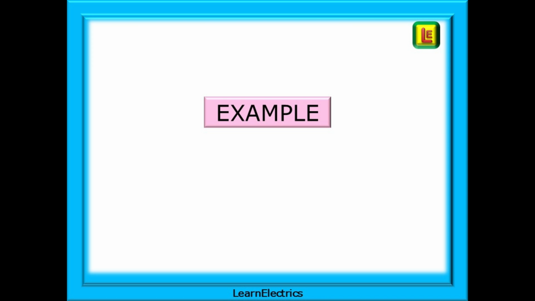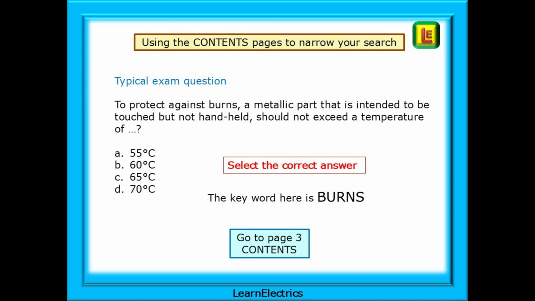Follow along. This is a typical exam question. The question asks, to protect against burns, a metallic part that is intended to be touched but not handheld should not exceed a temperature of what? And 4 possible answers are offered. Select the correct answer.